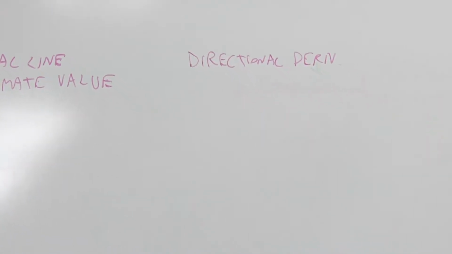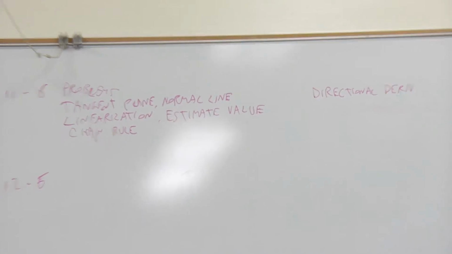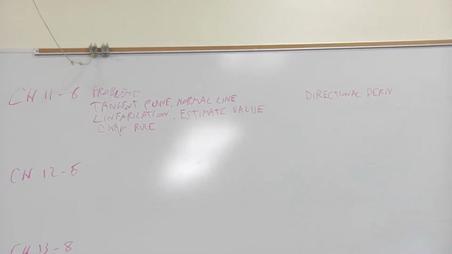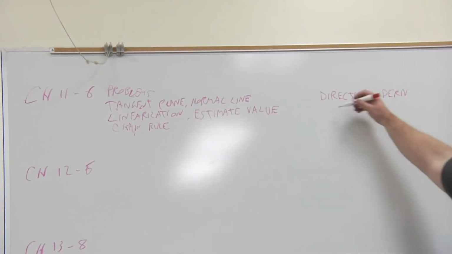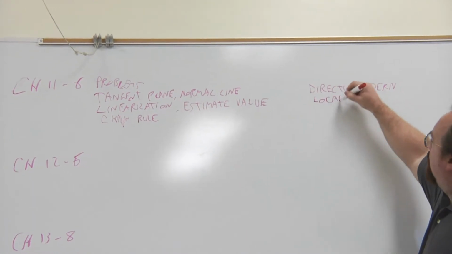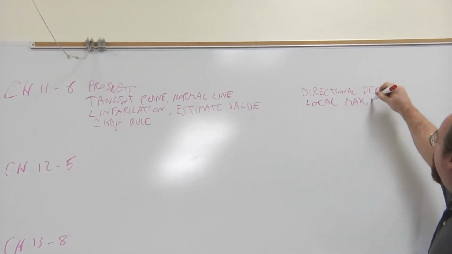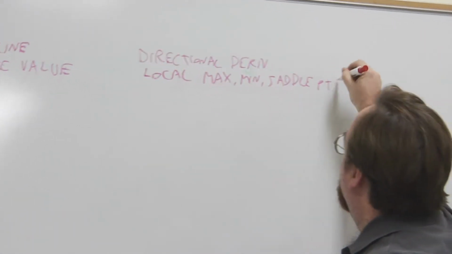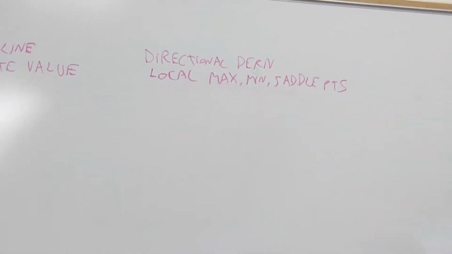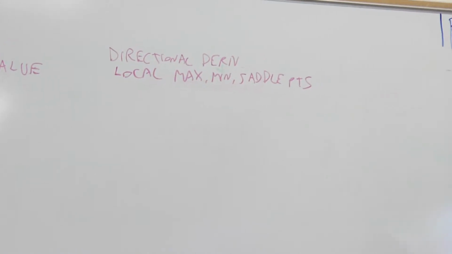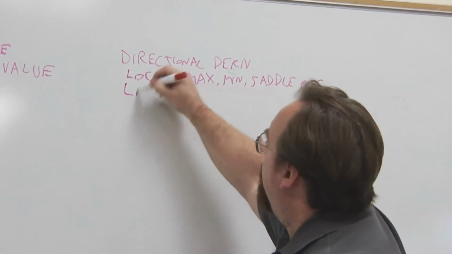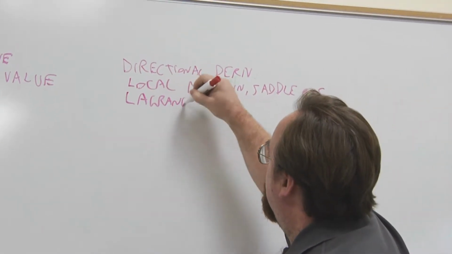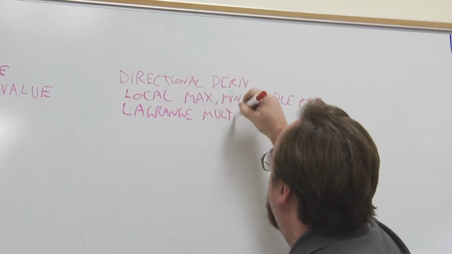So give a directional derivative at a particular point for a given direction. Find the local max-min and saddle points. And finally, the method of Lagrange multipliers.